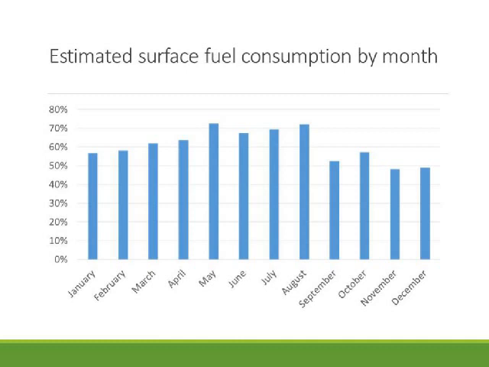And so what you can see is that definitely during the growing season, there's a bit of an increase up to close to 75% of those surface fuels being consumed, whereas during the dormant season, we have about 48 to 55% of fuels consumed, with it starting to creep up a little bit more in March there.